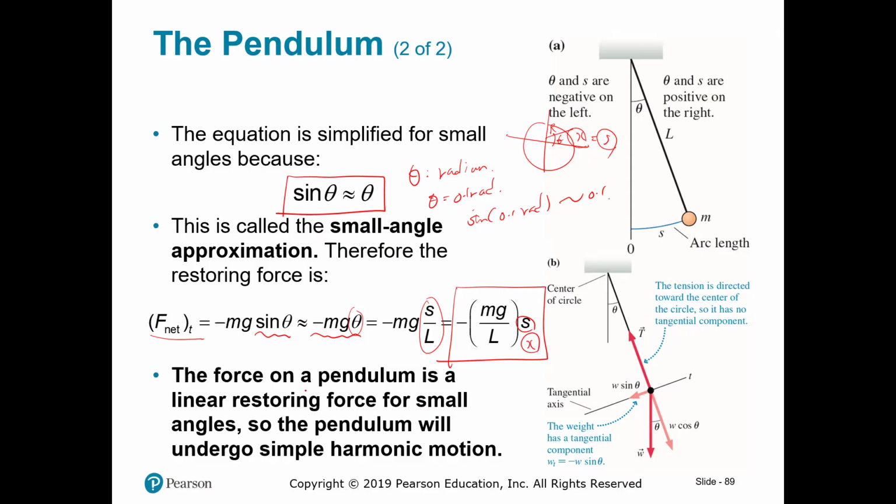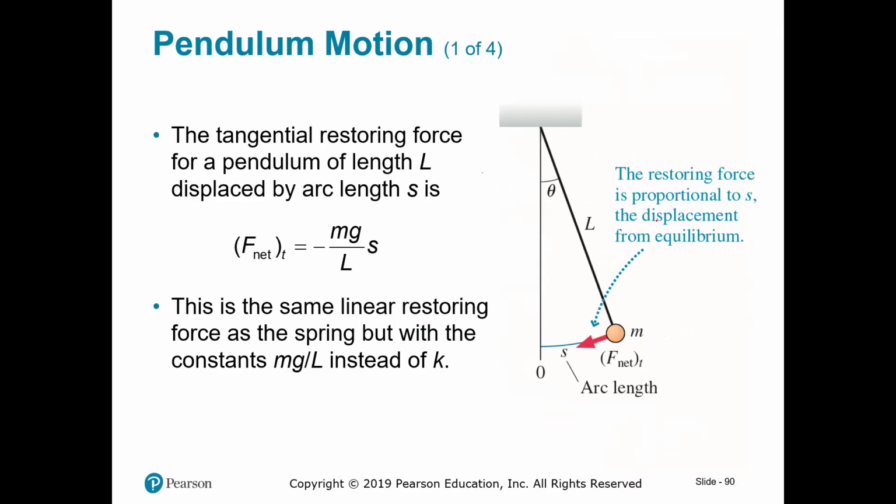What is that? This is nothing but spring force. Remember, spring force is minus kx. So that means this is your x. So then this mg over L corresponds to your spring constant for this pendulum motion, right? So this one is k, right?